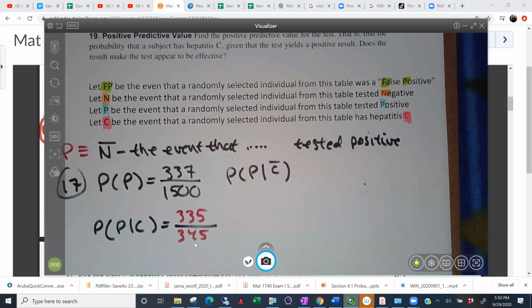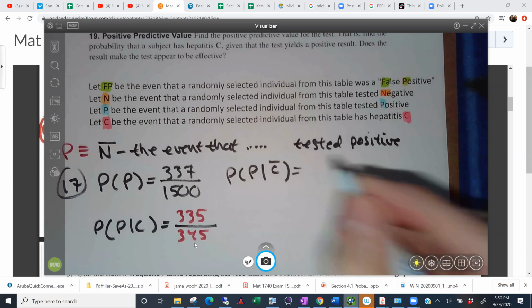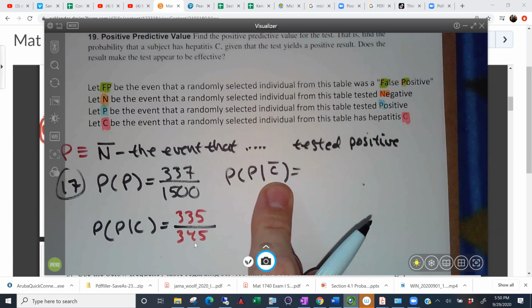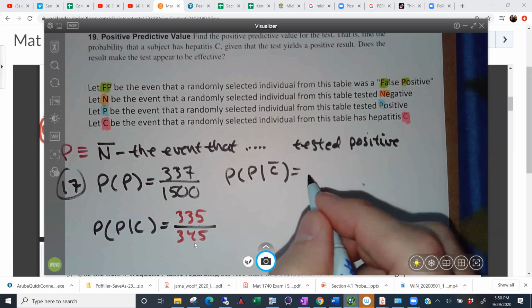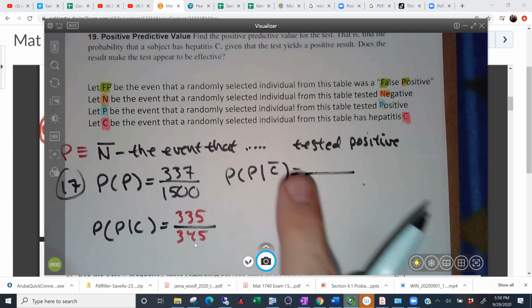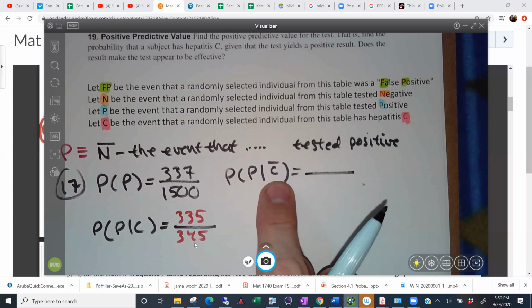Let's look at this next one. Probability that they test positive given that they don't have hepatitis C. So these would actually be the false positives. Let's keep in mind this part here, C bar.